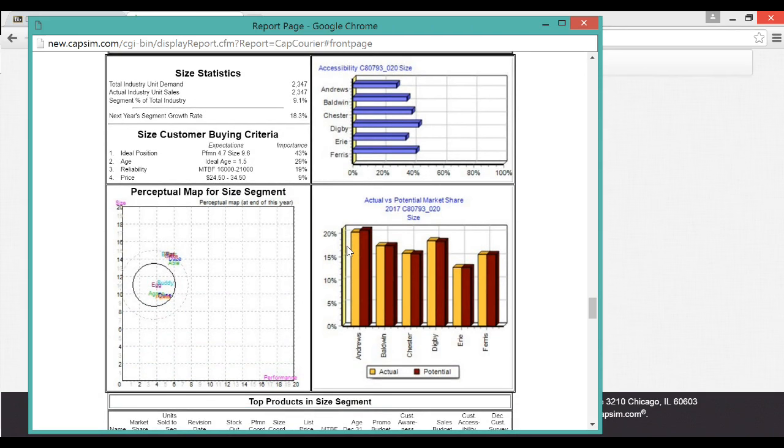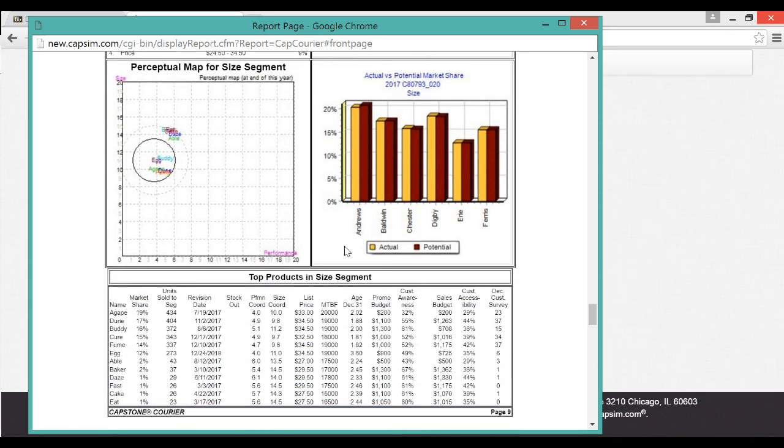Another thing you can see from the individual market segments is the promo budget. So this is how much I'm spending on advertising or promotions. The sales budget is also here. And this is another area where you can tell why maybe you're not getting the profits that you'd expect.